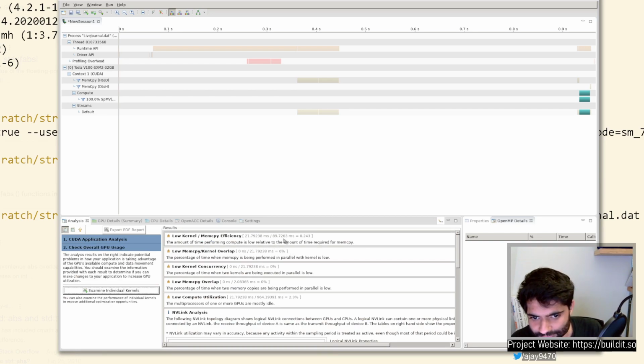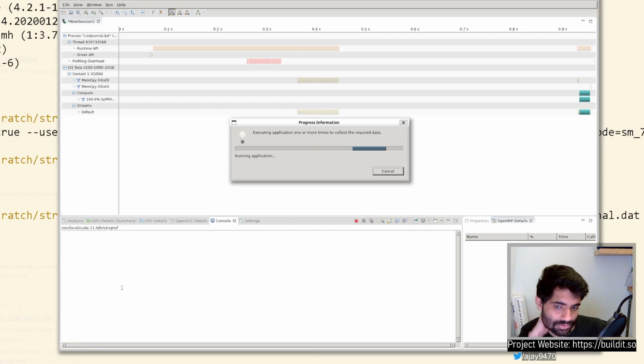Okay, so again, the same thing. We have a low kernel utilization, but let's look at individual kernels.